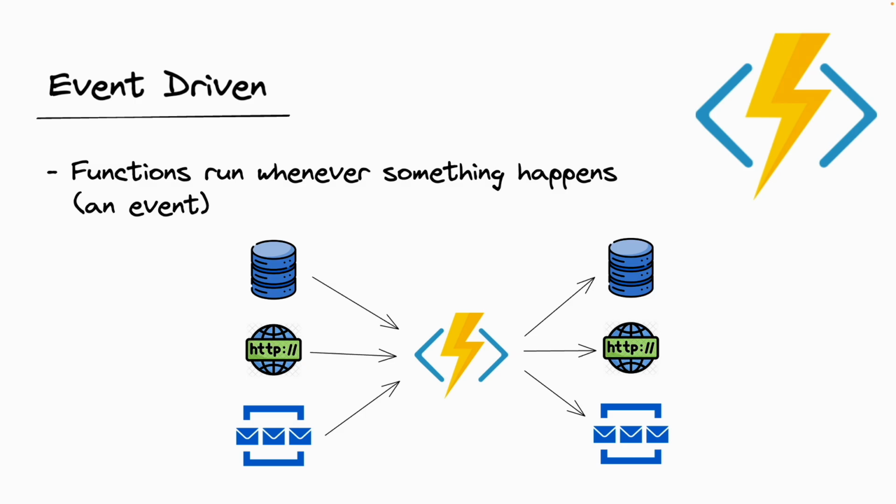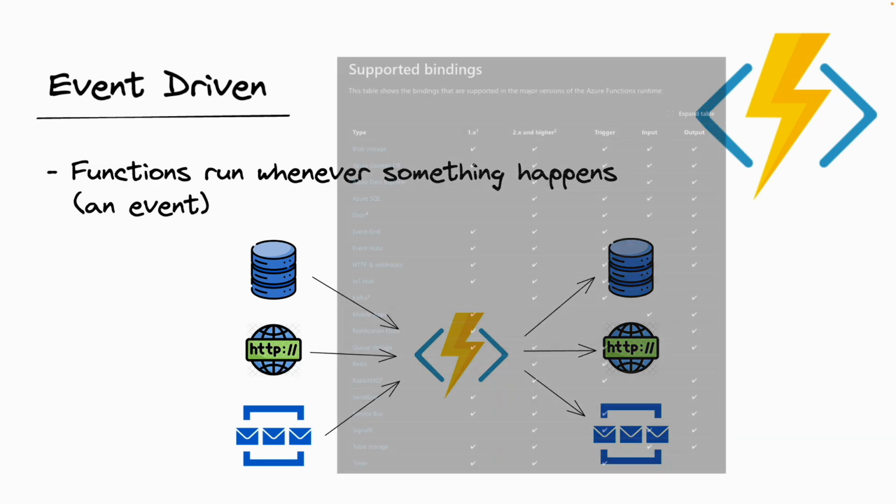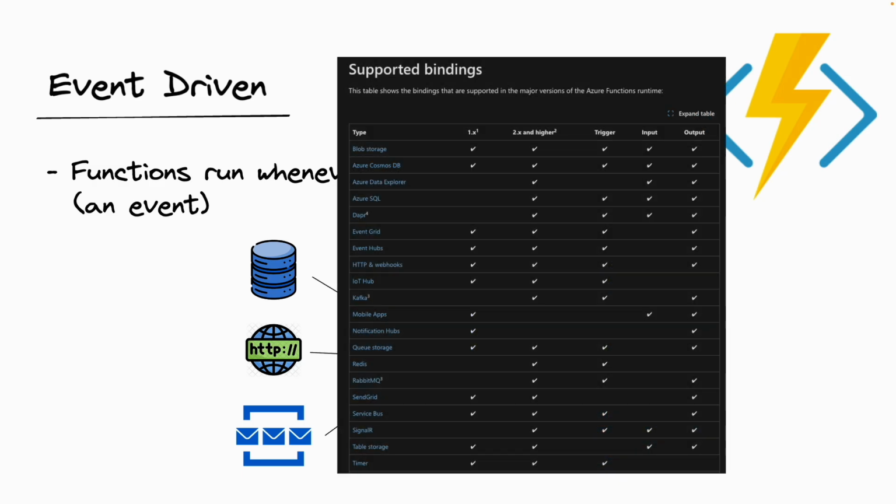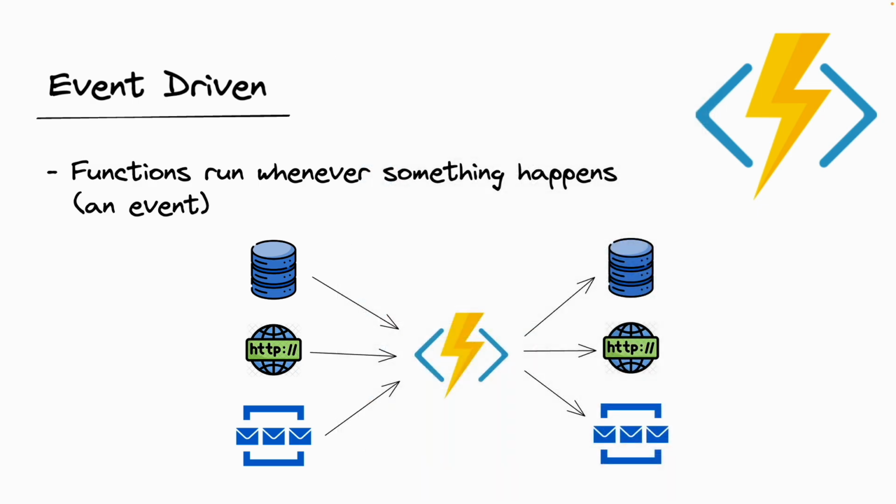So input and output bindings are very, very flexible. There are lots of input and output bindings, but these are around the most common. This flexibility makes Azure Functions very, very powerful, as they can be used in many different scenarios for many different applications. Now that we've seen what Azure Functions look like at a high level, let's see the implementation.